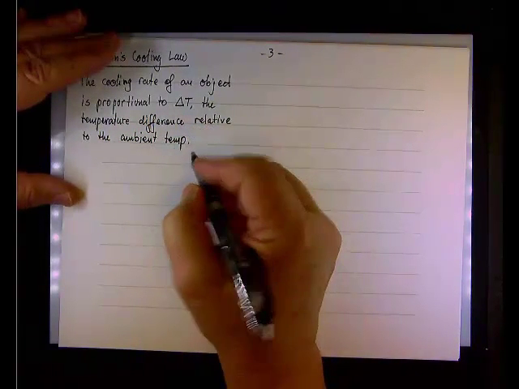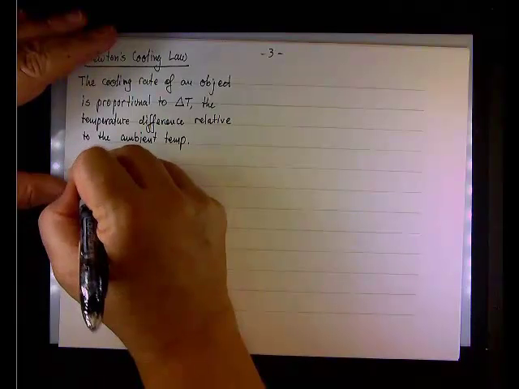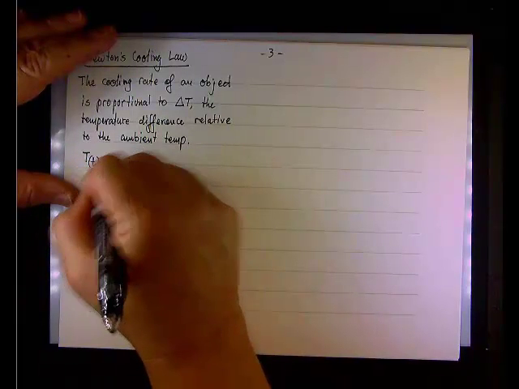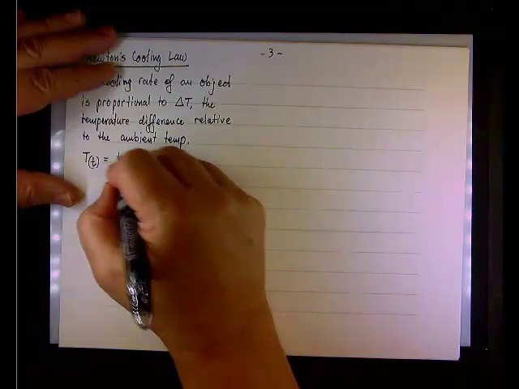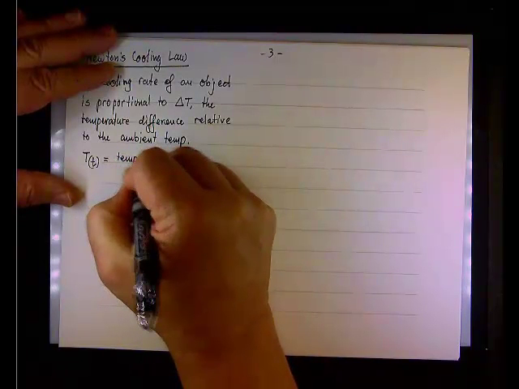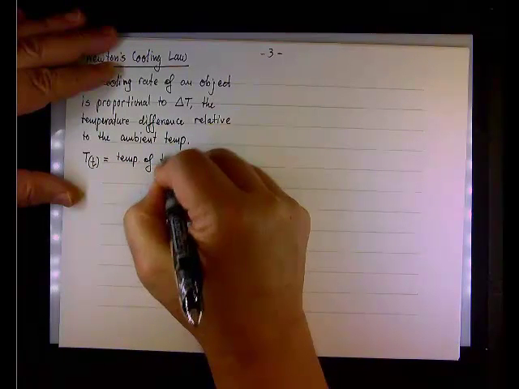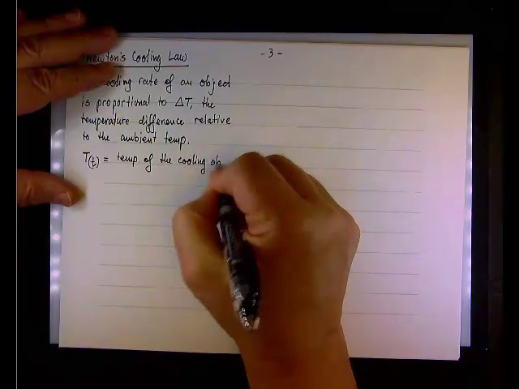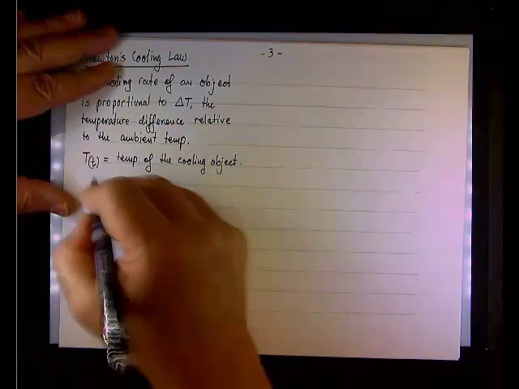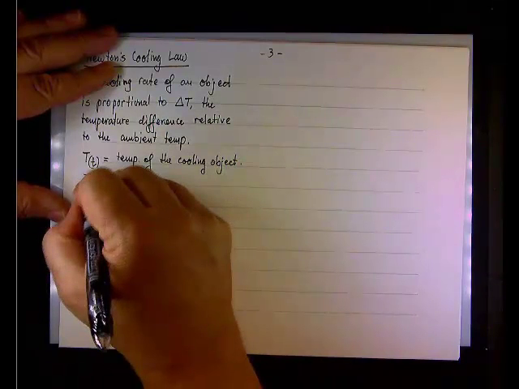Okay, so in terms of nomenclature, let's say T of t, the temperature as a function of time, is the temperature of the cooling object. T sub 0 will be the initial temperature.